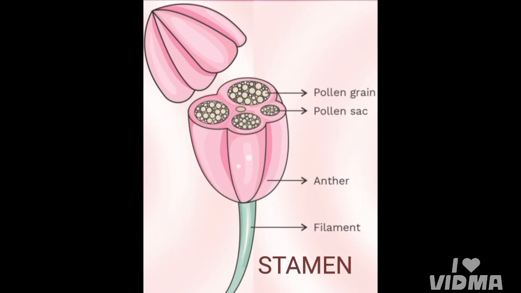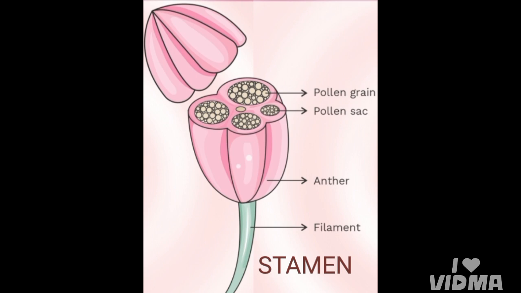Okay, so first of all, in the section of pre-fertilization, number 1, we will study the structure of the stamen the most. There are two parts of the stamen: number 1 is the filament and number 2 is the anther. The filament is the sterile part, while the anther is the fertile part.